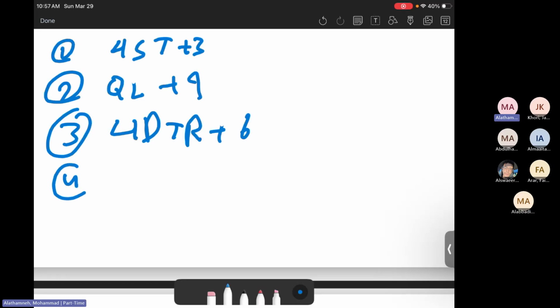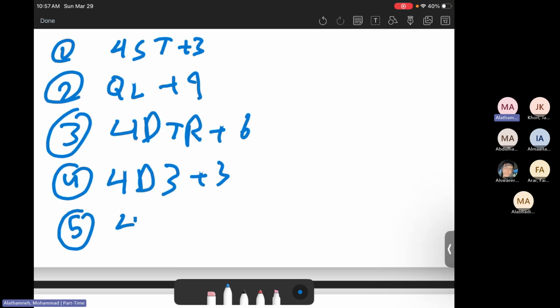Then one more, which is 4D3+3. Then the last one, which is 4S1+6. What does this mean, each one?